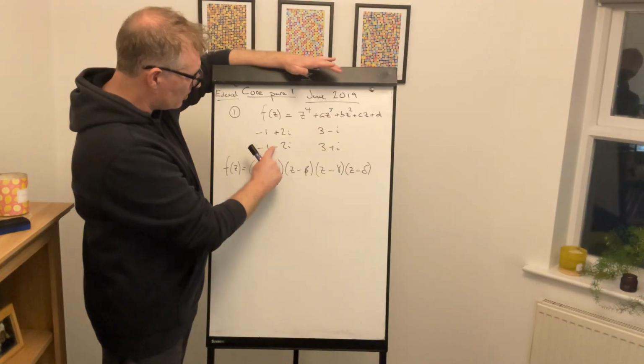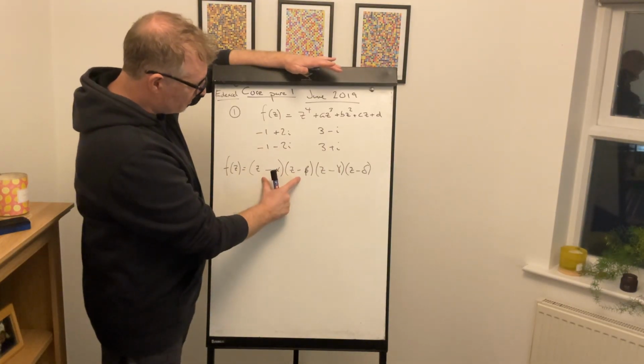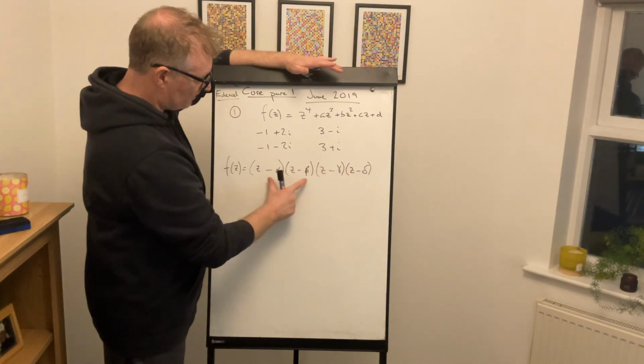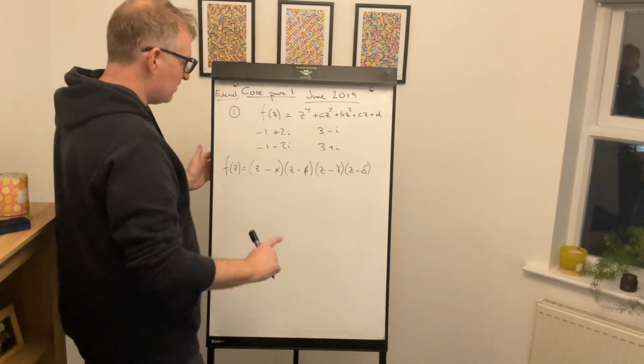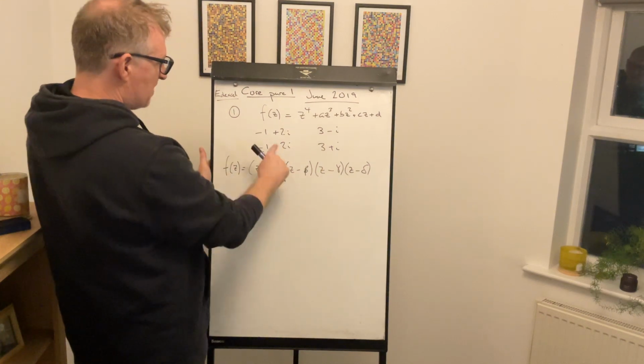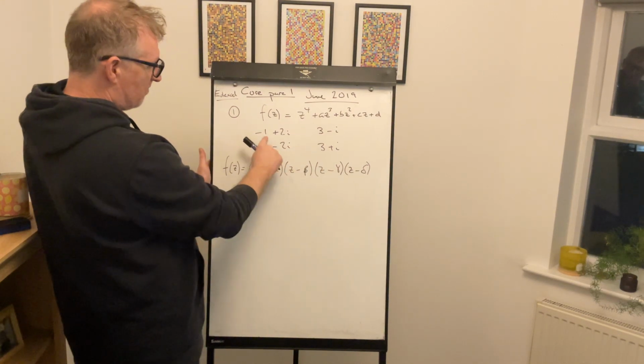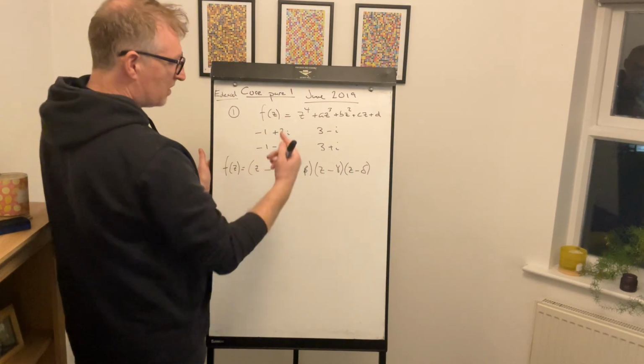Because our roots are conjugate pairs, we can group them together to make 2 quadratics. I think this is a slightly quicker way in which you go, right, okay, well, let's have alpha and beta being this conjugate pair, -1 plus 2i and -1 minus 2i.